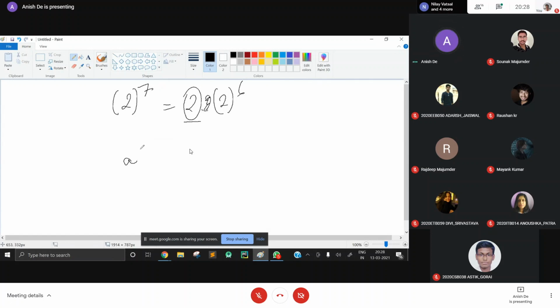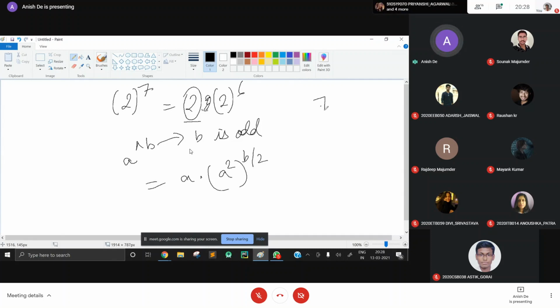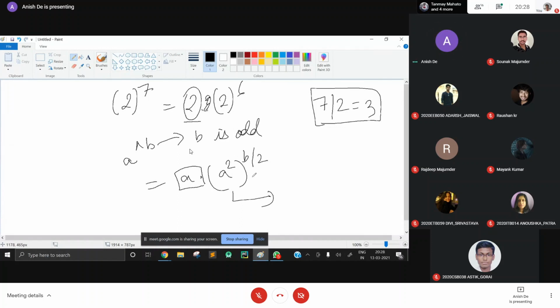For example, if a to the power b and b is odd, then it's nothing but a into a squared to the power b by 2. 7 by 2 is 3, mind you, in a computer, because everything is an integer, nothing in double. If b is odd, we can just multiply a once more and then continue our process from here on. The complexity remains the same because b is getting halved here also. Just we are multiplying a here and going on.